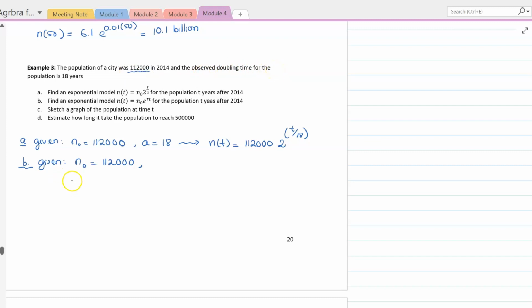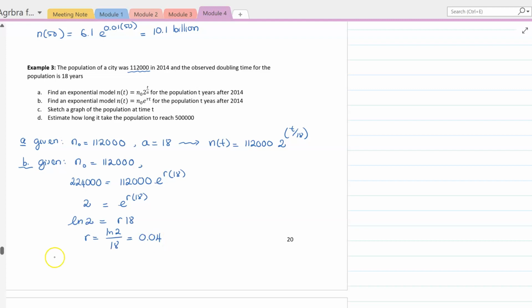This means in 18 years, we're looking at 224,000 people, which is 112,000 times e to the r times 18, right? So now we need to figure out r. So this is 2 equals e to the r times 18. Solve for r.